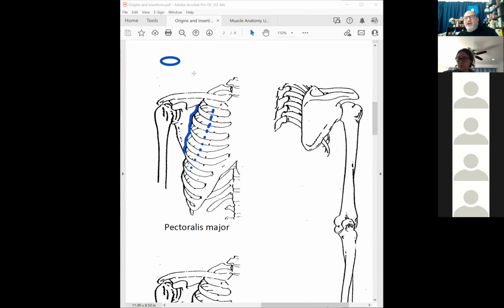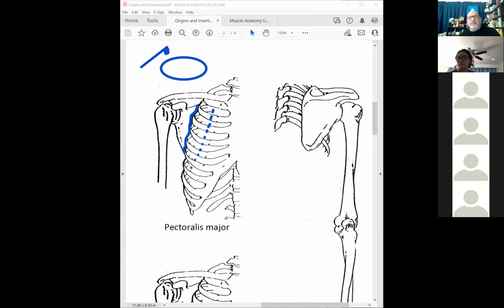Right here up at the top, draw your ribs, draw your scapula, and then you can draw your insertion right there on the medial border of the scapula. So again, you're not turning this in, so there's no wrong answer. Just draw it how it makes sense to you.